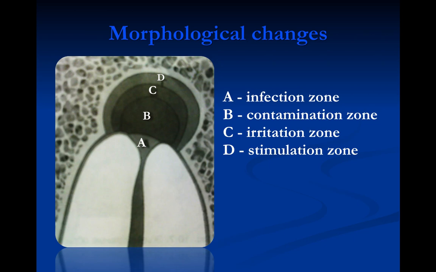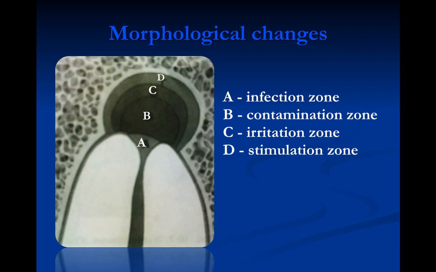The infection zone is located near the apical area and consists of just microorganisms. The contamination zone has microorganisms also, and defense cells, a lot of defenses such as neutrophils and leukocytes, and that's all.